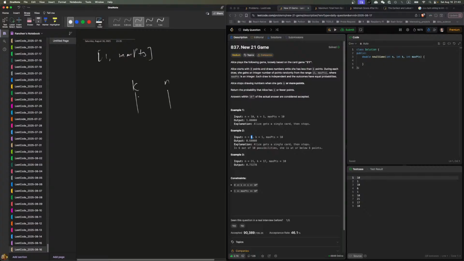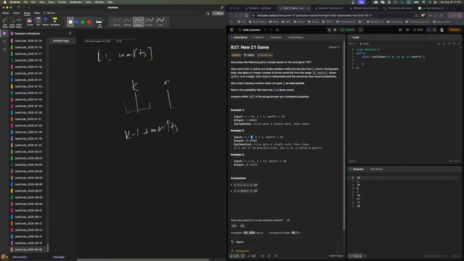Which means all the drawings before we reach k, it doesn't matter. What matters is the last one that goes above k. So if, let's say, the last one I get is k minus 1. I'm trying to say the max we can reach is k minus 1 plus max points.